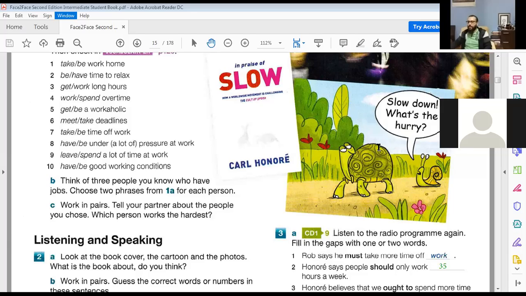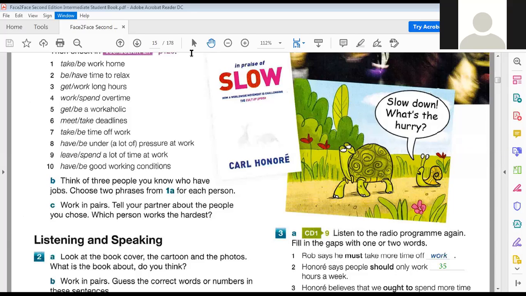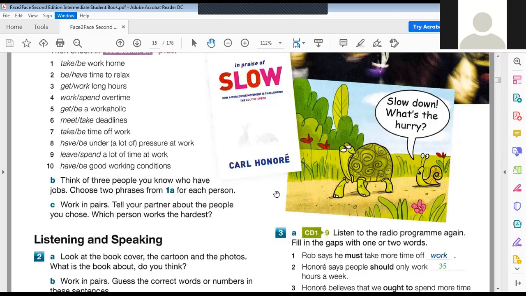What about Malak? Why do you think being slow is not a good thing, or when is being slow a bad thing in your opinion, Malak? I think when you have a lot of work to do, and the time is very little for you. Sure.